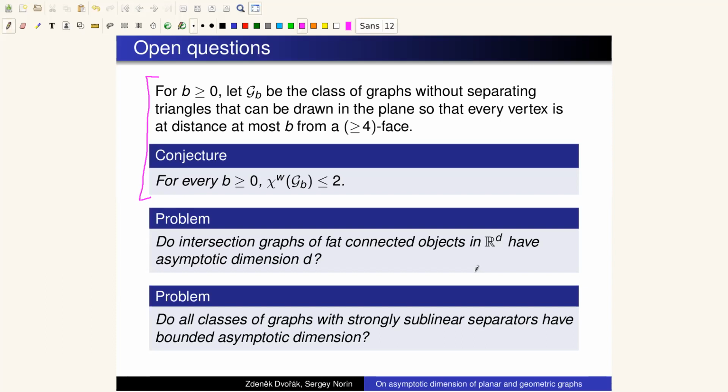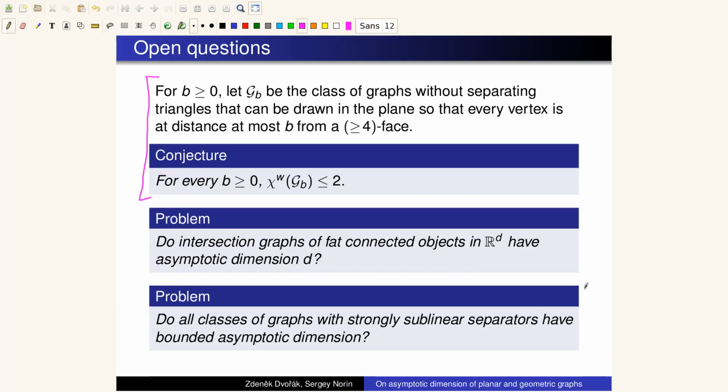But it feels kind of wrong. It feels that maybe these objects should actually have asymptotic dimension d. I don't know why. It would be aesthetically pleasing, and this might be complete nonsense. I don't really have that much insight into either asymptotic dimension or intersection graphs that I would claim this to be the case with any certainty, but it certainly would be nice.